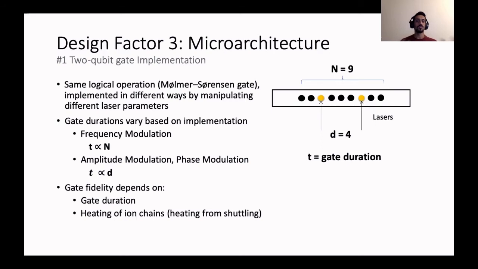Depending on what method we pick, there are different trade-offs. For example, frequency modulated gates have execution durations which depend only on the trap capacity and not on how far away the ions are within the same trap. While in amplitude modulation, if 2 ions are close to each other, the gates are fast, and if they're at the far ends of the same chain, the gate is actually slow. And these differences are not just in terms of durations, they also directly translate to differences in fidelity.